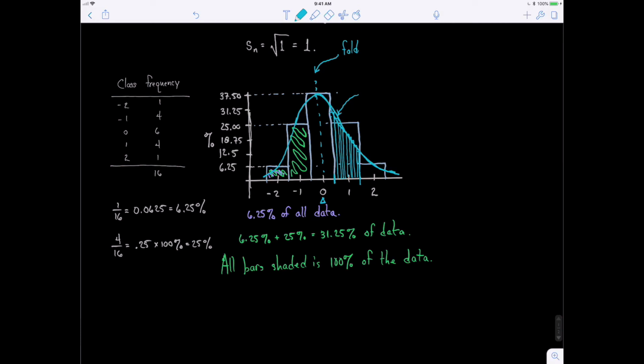This curve has a mean of 0, and it has a standard deviation, SD, of 1. This picture, the idea of going from whole numbers to an infinitely small number of rectangles so close together that they make this beautiful picture, we call this the standard normal distribution.